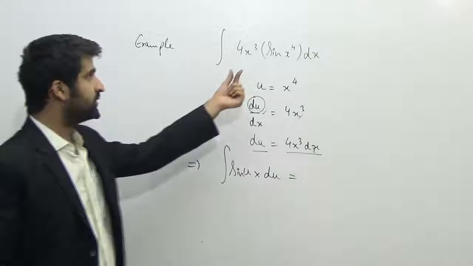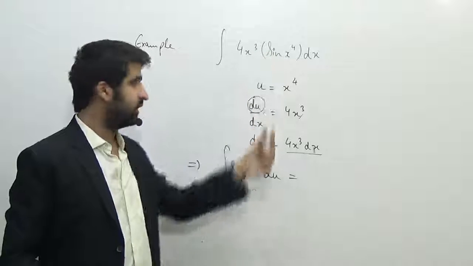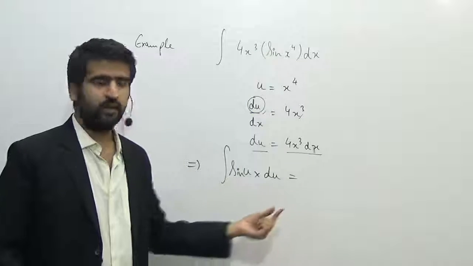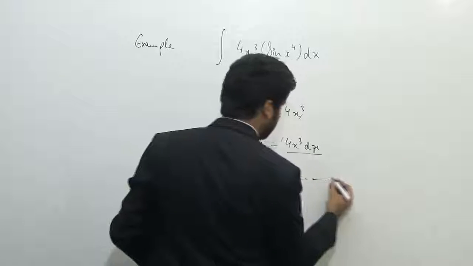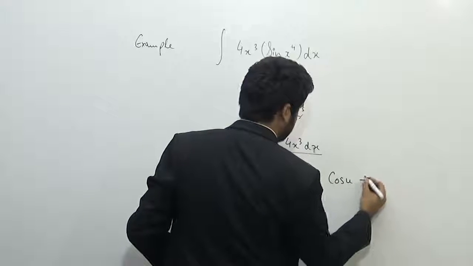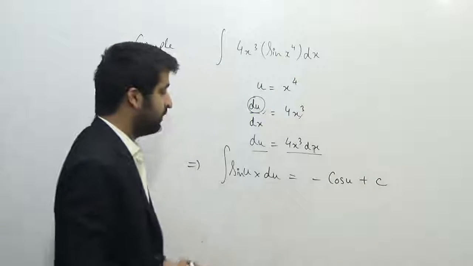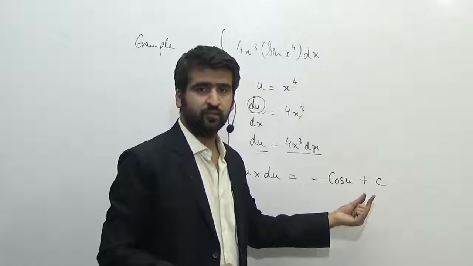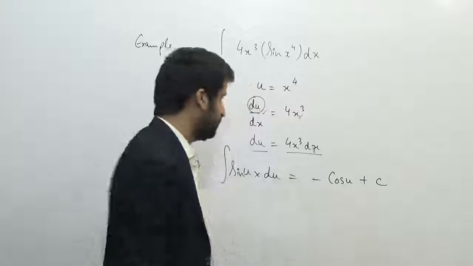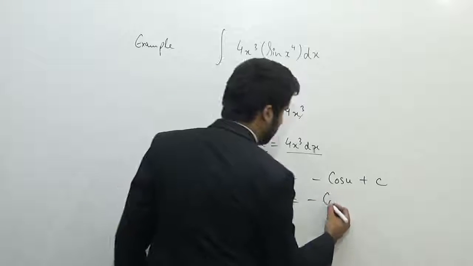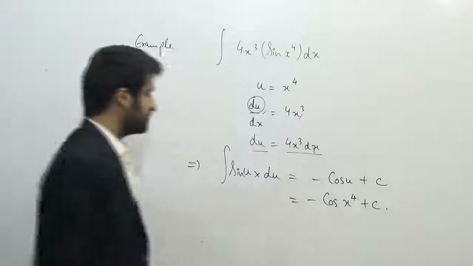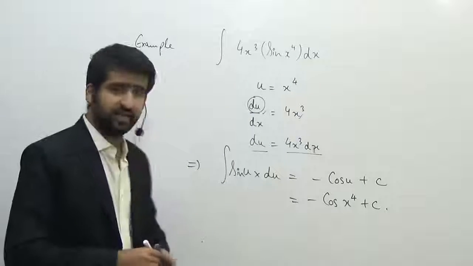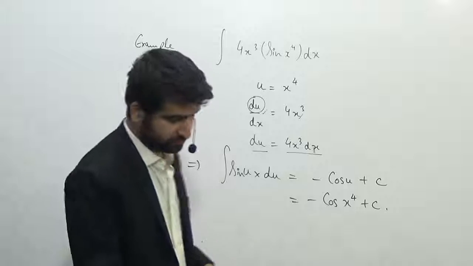So this function which was in terms of x can now be written in terms of u, and we know that integration of sin u is nothing but minus cos u. So the answer will be minus cos u, but don't leave the answer like this. You have to substitute the value of u also. So this will be equal to minus cos x to the power 4 plus c. This will be the final answer.